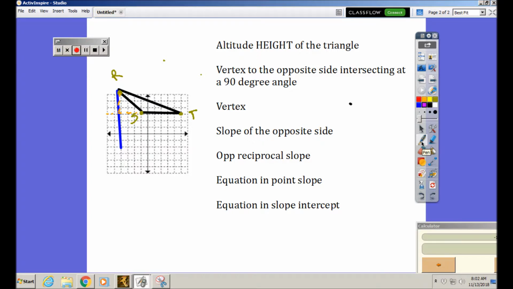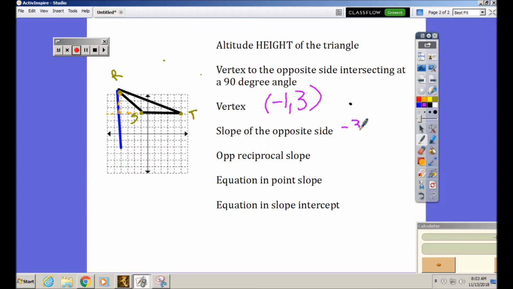So for vertex S, it's at -1, 3. That's this. What's the opposite side? R to T, correct? What's the slope? I'm going to go down 3, 1, 2, 3, and over 1, 2, 3, 4, 5, 6, 7, 8, 9.